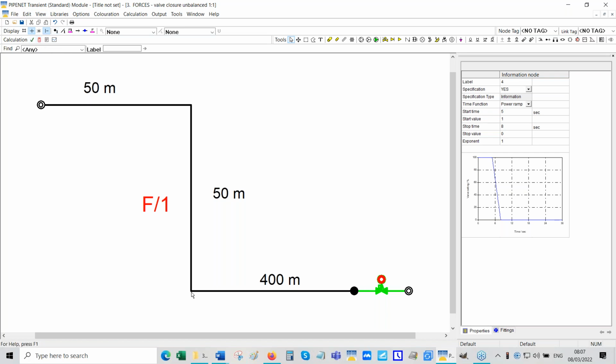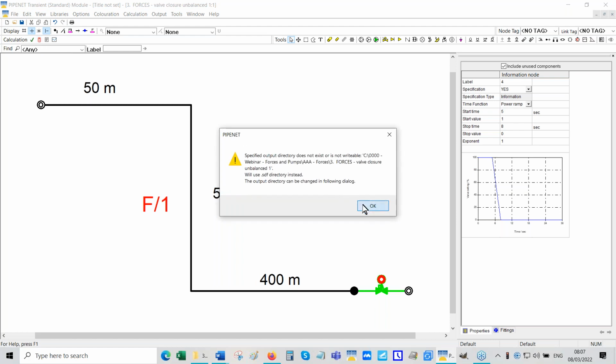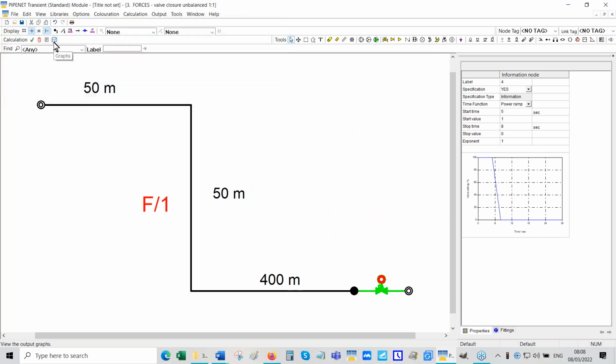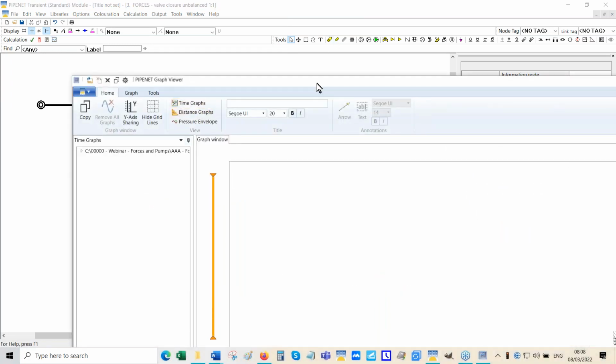And that is, this point is about 100 meters from the inlet of the pipe. But of course, don't forget, we're calculating the unbalanced force. So it involves both of these elements.